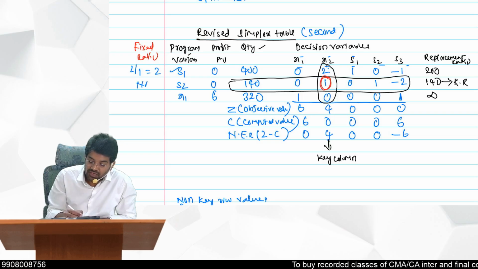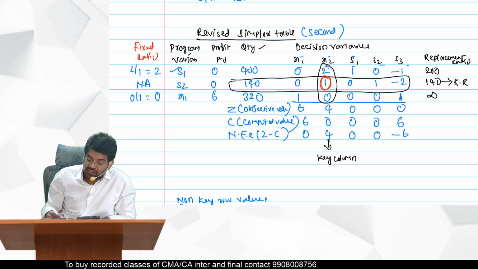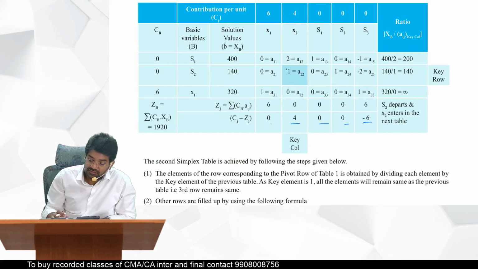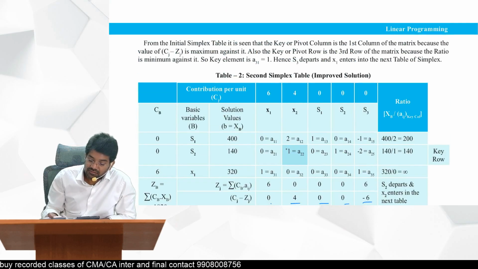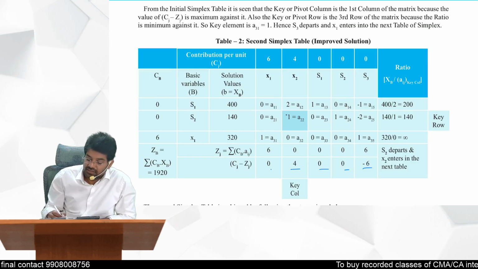Not applicable for the key row, we don't do it. The other one, 0 by 1, is 0. So we get 2 and 0 as the fixed ratio.